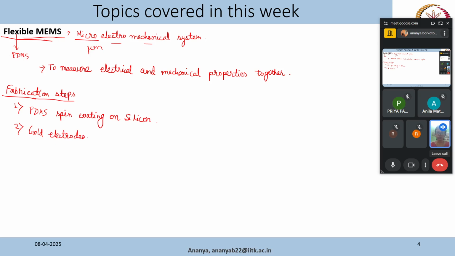So these gold electrodes are to measure the change in resistance of our piezoresistive sensor. Okay, so we have to make our piezoresistive sensor next.